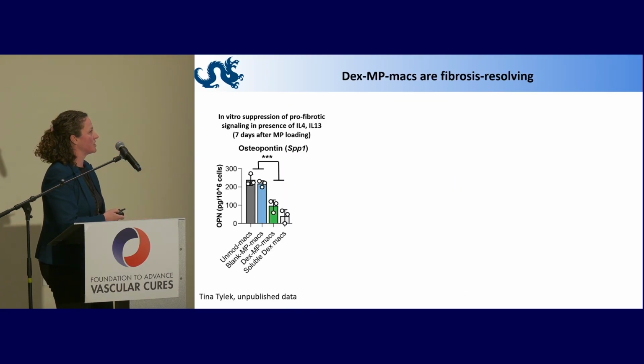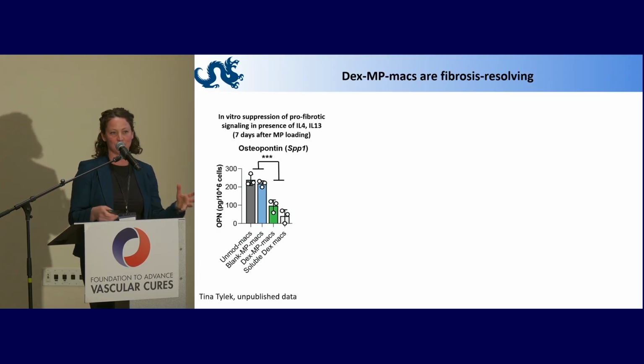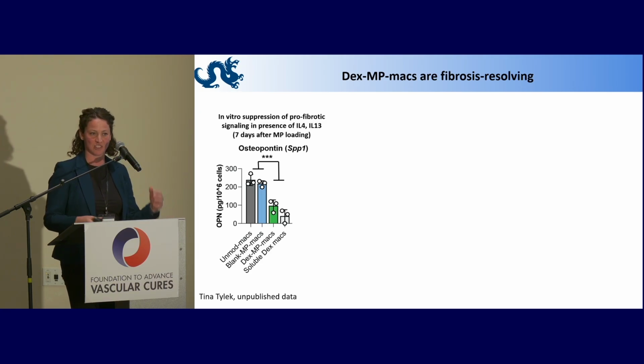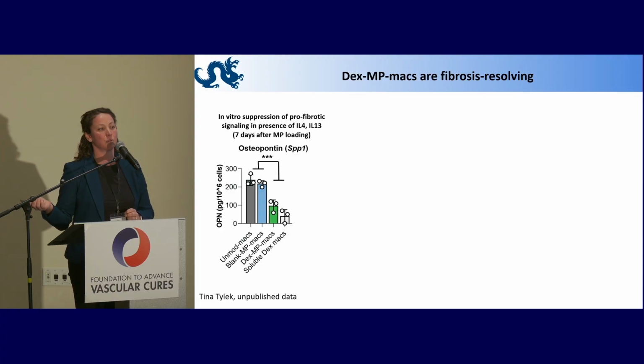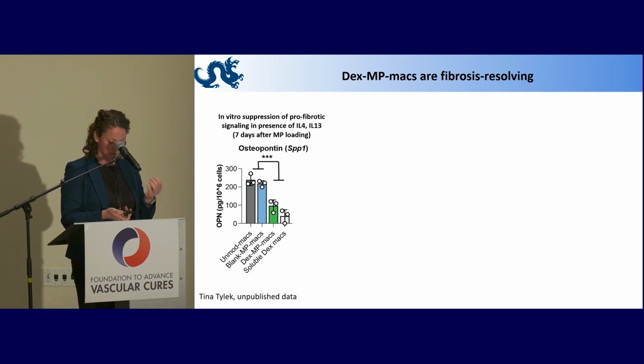And then we started characterizing them more. We were like, well, that was cool. Let's keep learning more about how this works. Even just from a basic biomaterial science standpoint, there were a lot of interesting questions that emerged. One of them was, can they also suppress profibrotic signaling, because macrophages can play a major role in fibrosis, and if it also suppresses that, that could be useful.